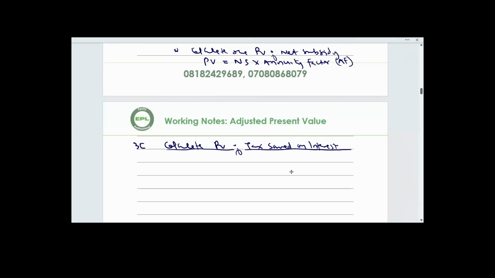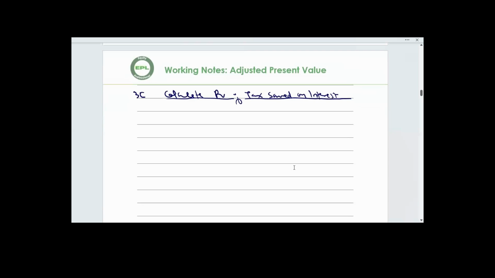To do this, there are 3 stages you are going to carry out. The first stage is to accumulate all interest elements. That is to get the interest on normal borrowing.